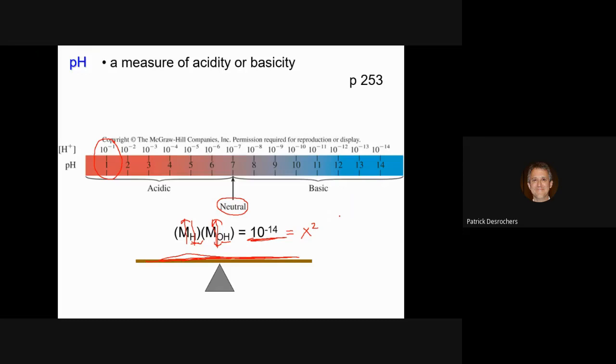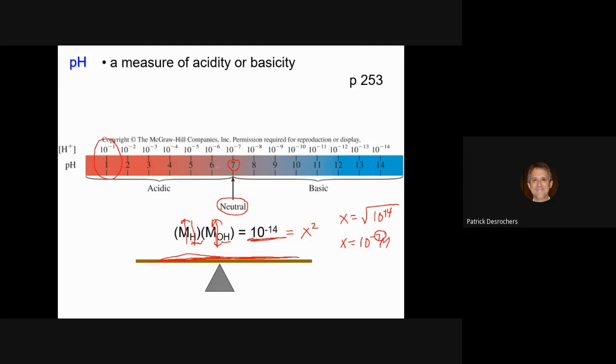And if I solve for x, x would be the square root of 10 to the minus 14 there. That means x equals 10 to the minus 7 molar. If this and this were both that number, then their product would be 10 to the minus 14. This is where that is coming from.